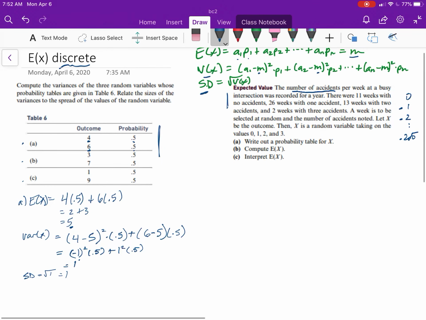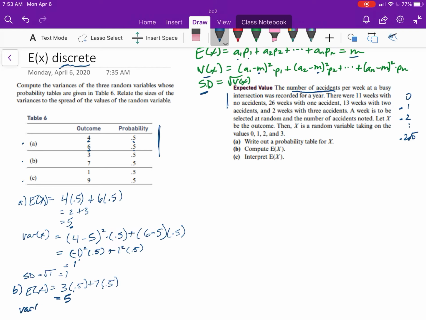All right. For B, same steps, and let's compare the outcomes that we get here. So E of x: 3 times 0.5 plus 7 times 0.5, so that's 1.5 plus 3.5, we get 5.